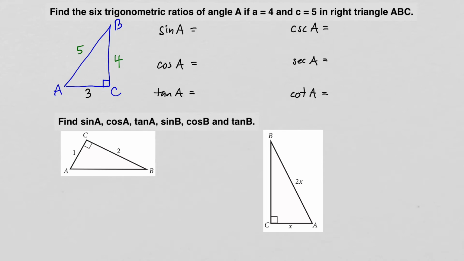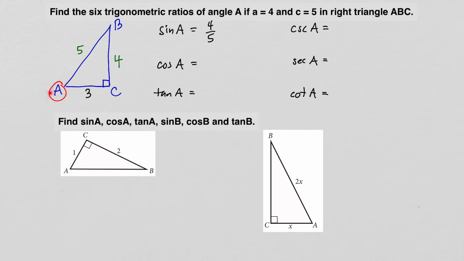So let's go ahead and compute these. Now remember, we are focusing on angle A, which is right here. And so when we go to find the sine of angle A, we need to remember that sine of A is the opposite side, which is 4, divided by the hypotenuse, which is 5. So the sine of angle A is 4 divided by 5.